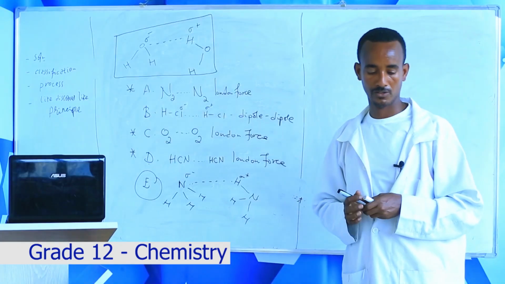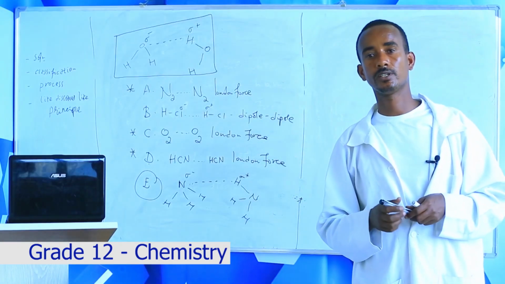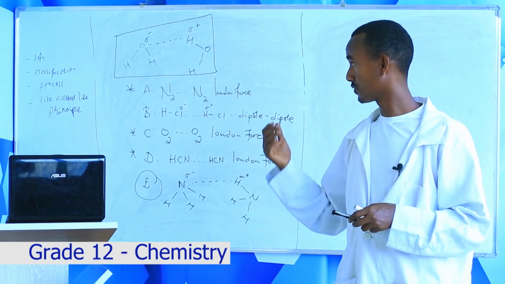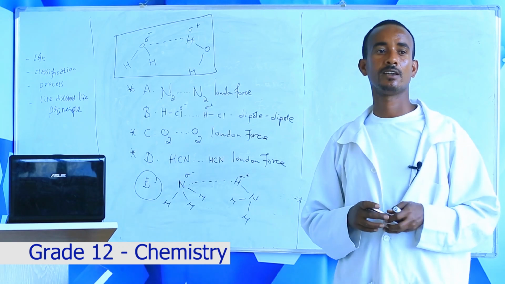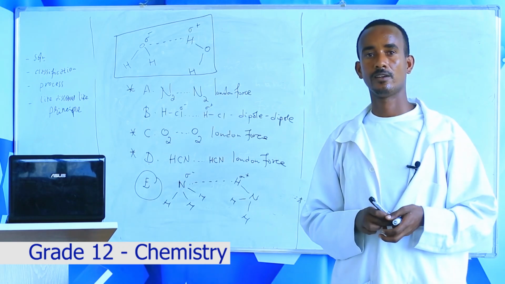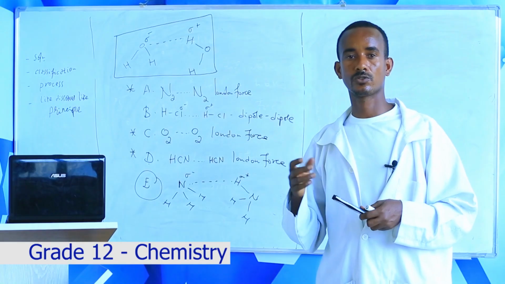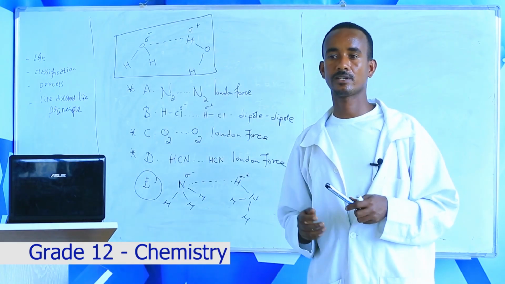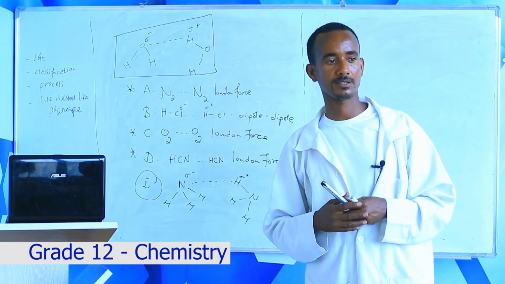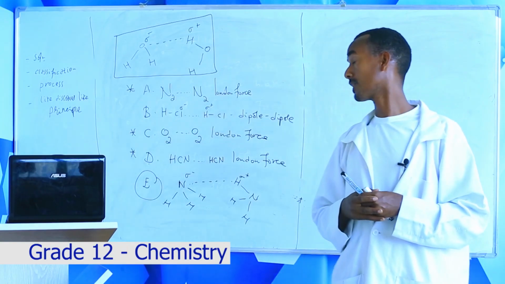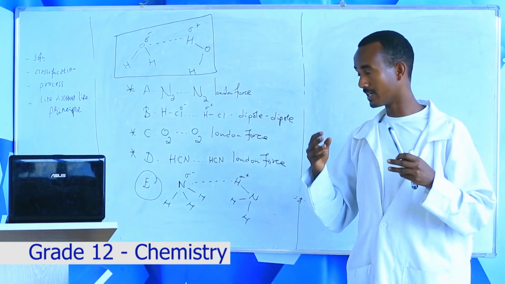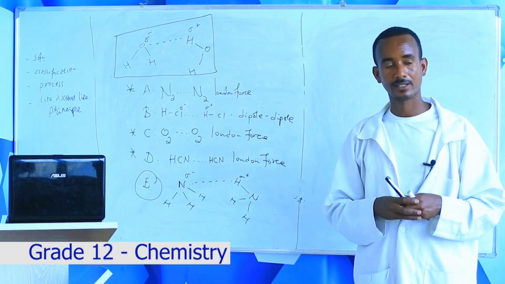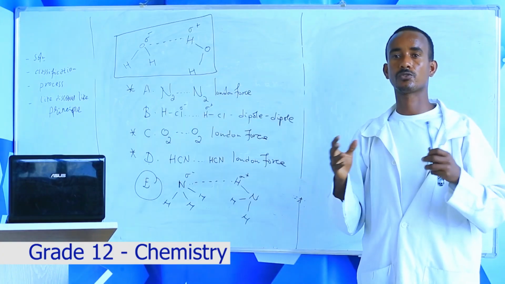So students, today we have seen two things. In the first case, we have seen the solution process. We have said that a solution process is not a single step. A solution is formed by 3 steps. In the first step, the solid particles must be separated. In the second step, the solvent particles must be separated. And lastly, a solution is formed when the solid particles are being surrounded by the solvent molecules.